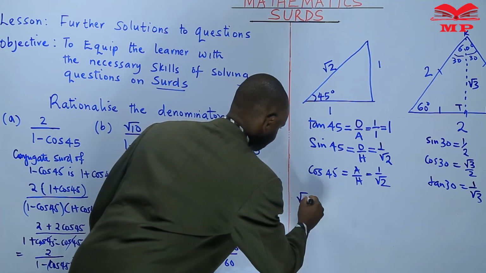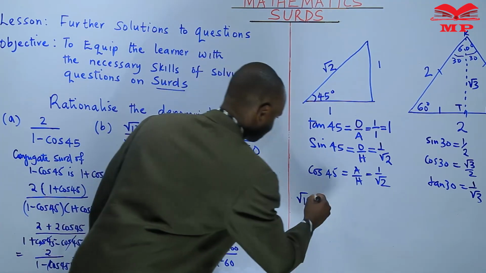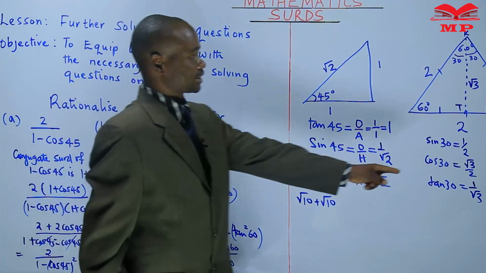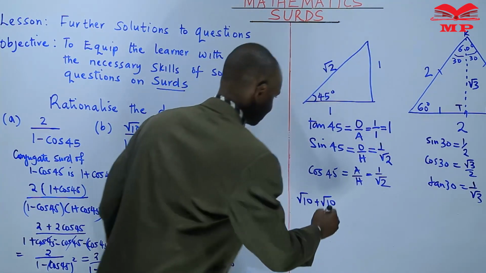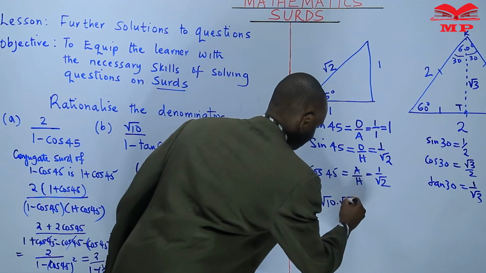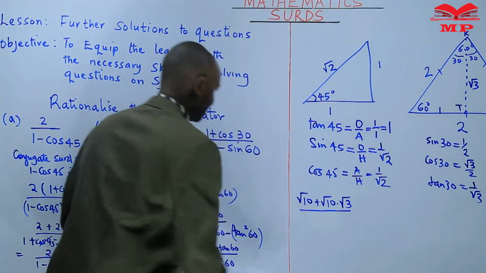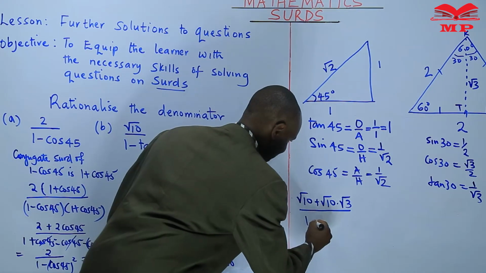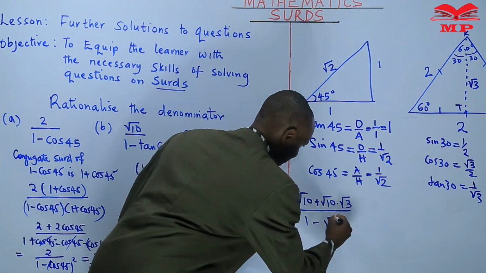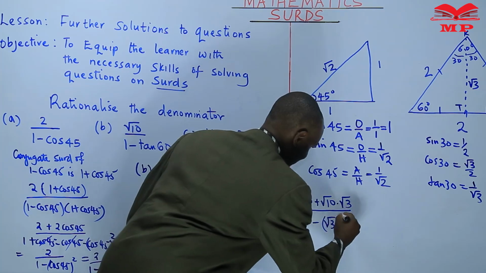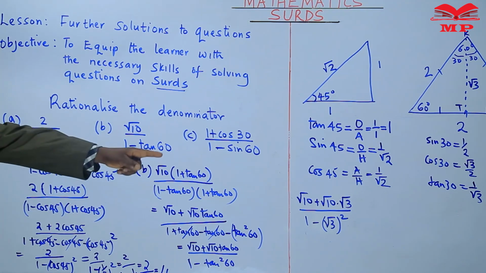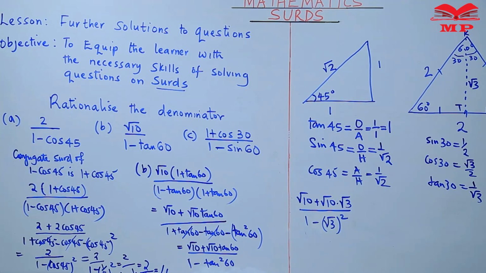So working up from here, this will come to square root of 10 plus square root of 10 times square root of 3, Lana, over 1 minus square root of 3 squared. Tan squared 60 will give me that.